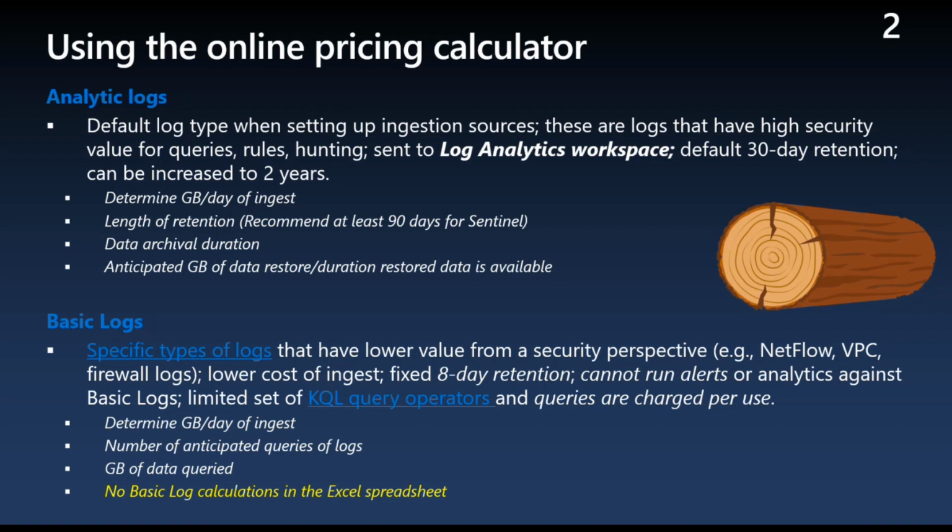So again, if you think about it, if you look at your firewall logs, they have some security data for sure, right? If someone is trying to break into your environment or is pounding against a firewall, trying to get in, that's interesting from a security perspective. But there's also a lot of traffic that goes in and out of a firewall that is just normal traffic. People trying to access the internet, people sending email, or if you have an on-premises email server, connections to VPN from external sources and things like that.